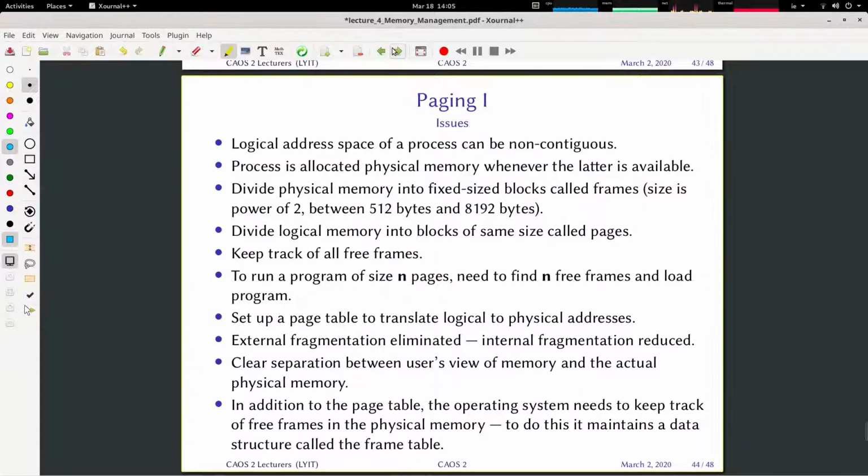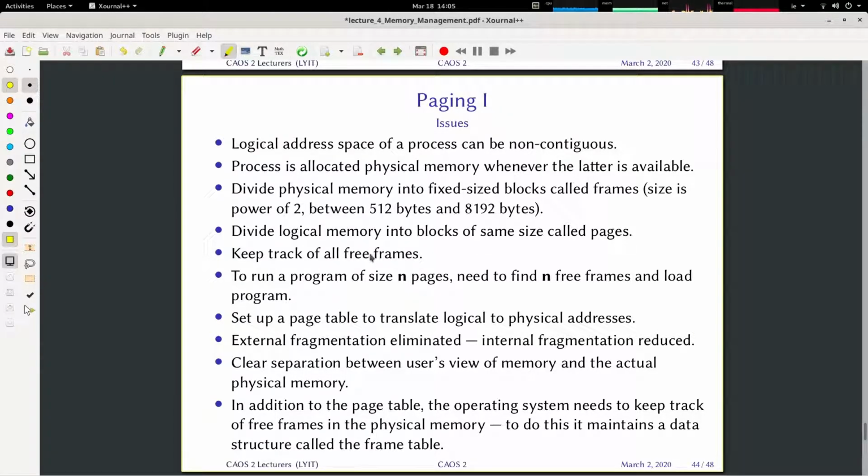So let's summarize all of that, and slide 44 shows you what the issues are, and I guess some key points that would arise here is that pages and frames are the same size.